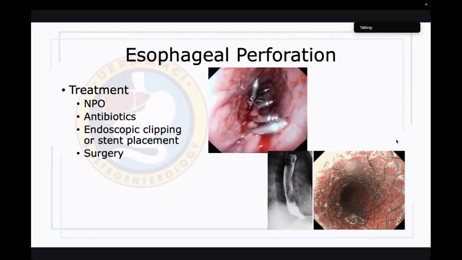Another option is placing a metallic stent across the area of the perforation. But most of the time, surgical management is needed and referral to your surgeon should be made for surgical drainage, possibly debridement and repair of the leaks.